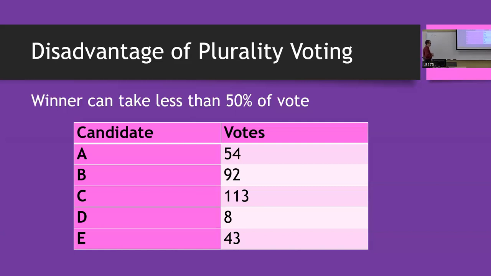And if a big enough percentage of individuals votes for those third-party candidates, you often get a candidate who wins while supported by less than 50% of the vote. Okay. And that's kind of a weird thing to say, hey, my representative is supported by less than half the people in my district. Right? That's a weird thing to say. So those are three disadvantages of plurality voting.